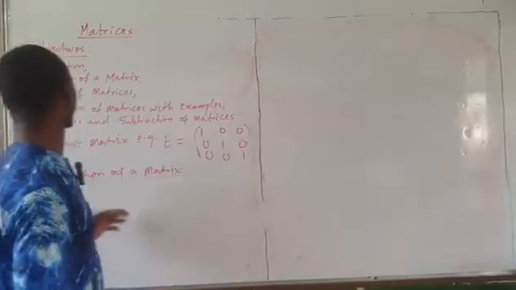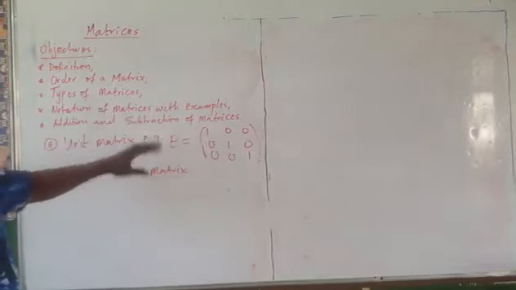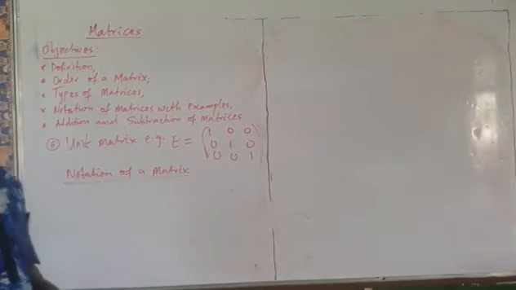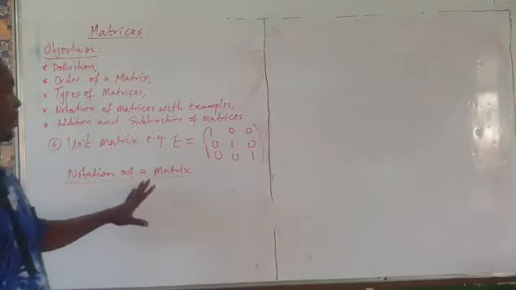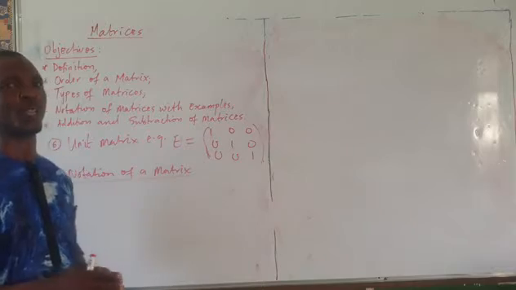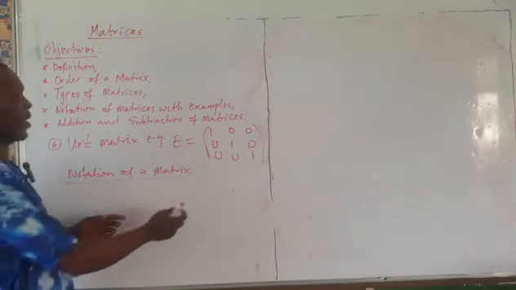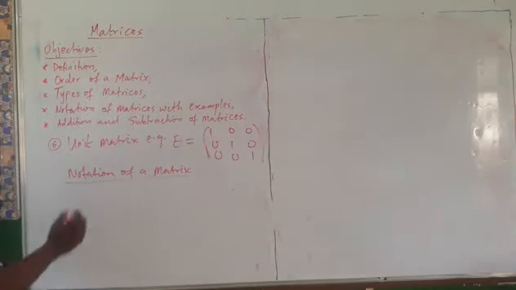So the next objective we are going to consider is notation of matrices with examples. Under this, a matrix can be denoted by a bold capital letter, while the elements inside the brackets can be denoted by small letters.